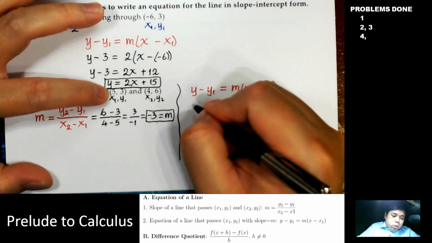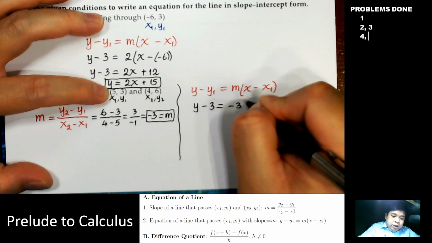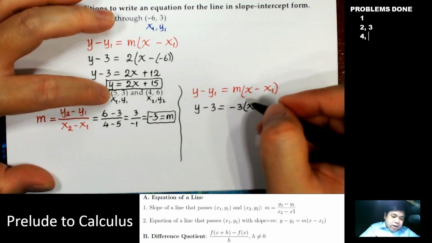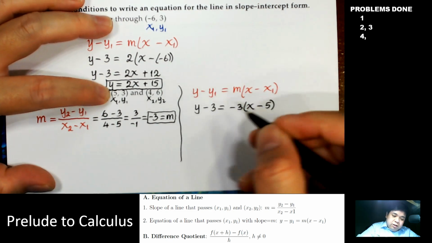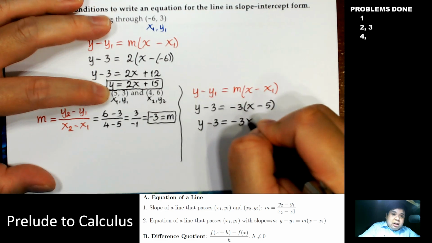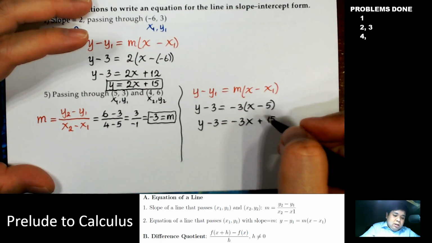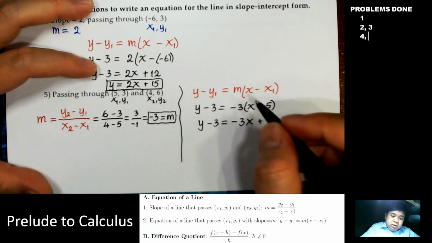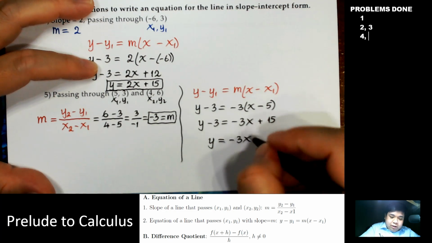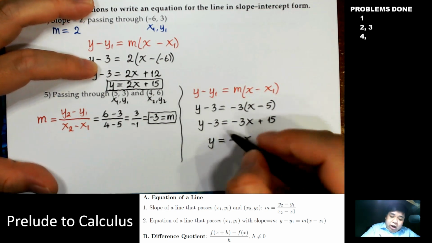And we use this point. y minus 3 equal to minus 3, x minus x1 is 5. So y minus 3 equals negative 3x plus 15, and plus 3 on both sides. And we have this equation.